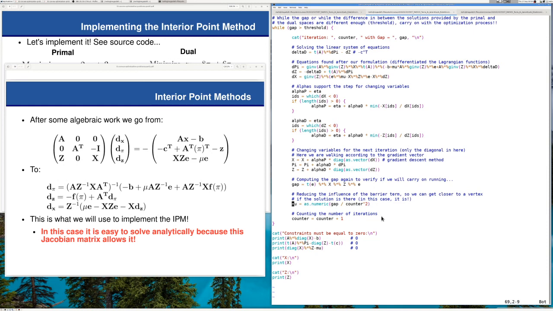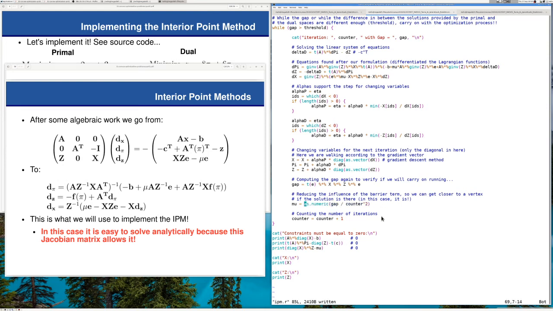This could be different. I could just decide that mu is itself multiplied by 0.9, so I reduce it by 10% per iteration. It's going to take more iterations eventually, but it works as well, okay?